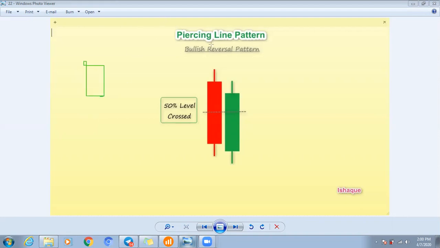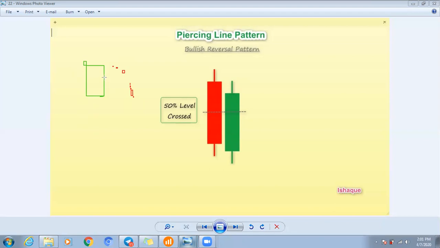This is one candlestick, and you find another. My mouse is not working. I don't know what it is. Okay, wait one minute.